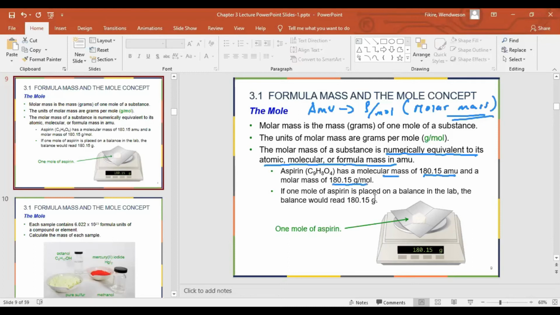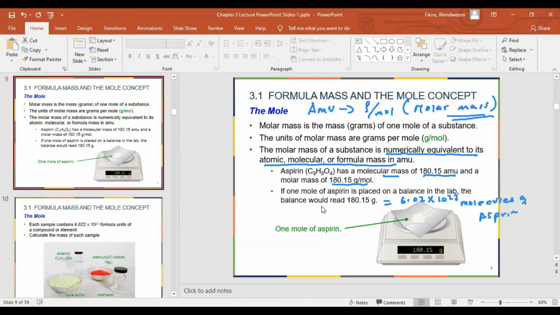So if 1 mole of aspirin is placed on a balance in the lab, it will read 180.15 grams. In 180.15 grams, there is 1 mole of aspirin. If there's 1 mole of aspirin, how many molecules of aspirin are there? Obviously, it's going to be 6.02 times 10 to the power of 23 molecules of aspirin.